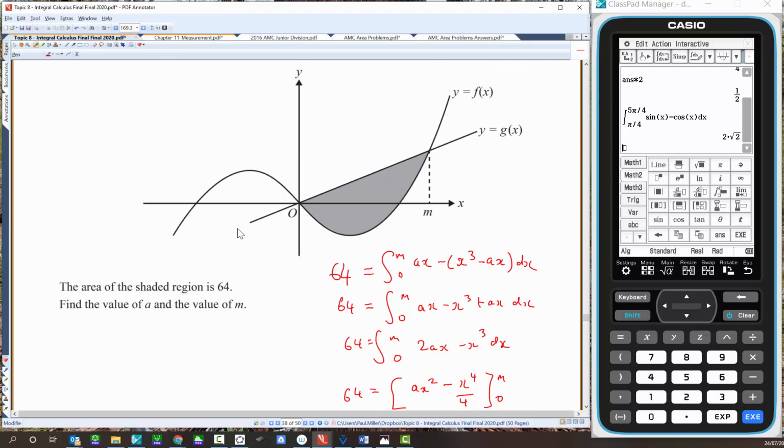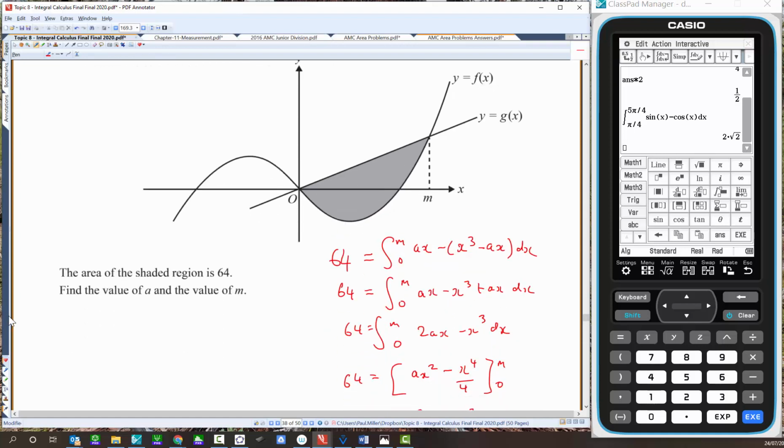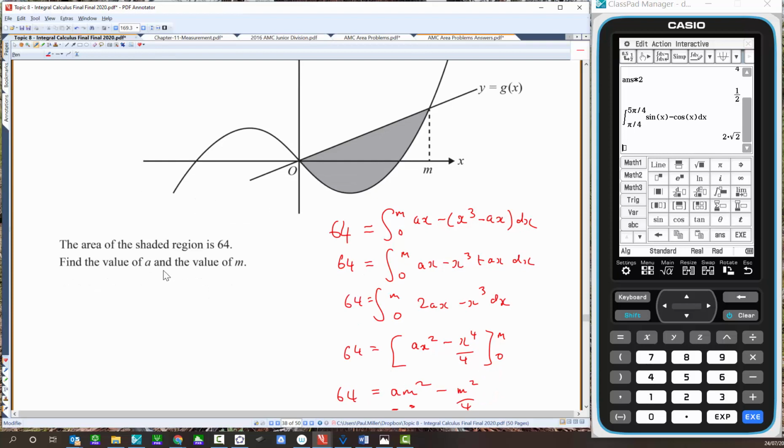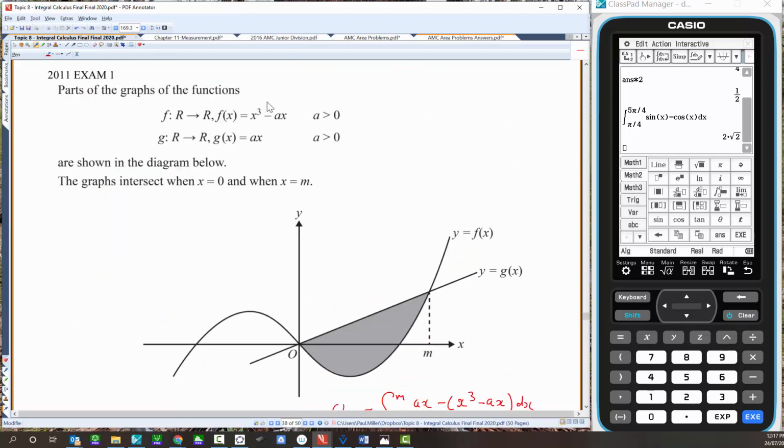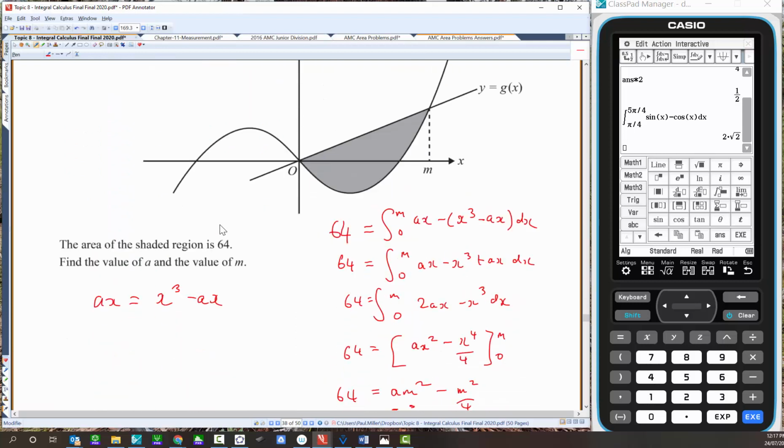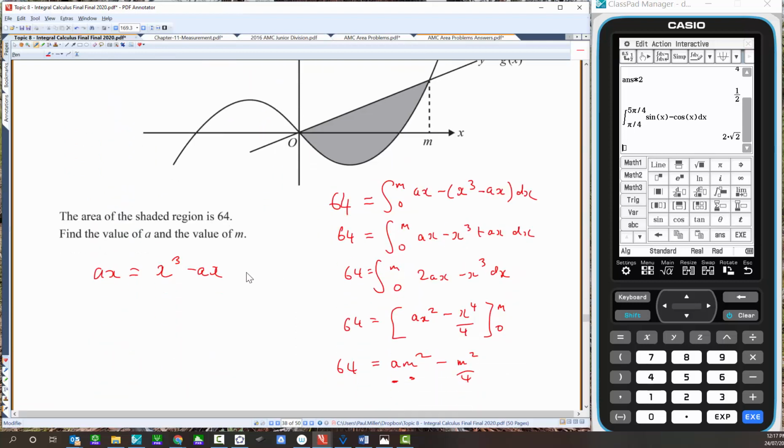Now, what else do I know? I know that g of x is the same as f of x at the point x equals m. So what I'm going to do is let the two functions equal each other. So I'm going to say that ax equals x to the 3 take ax. Okay, so I've just said that is the same as that. And when does this occur? It occurs when x is equal to m.